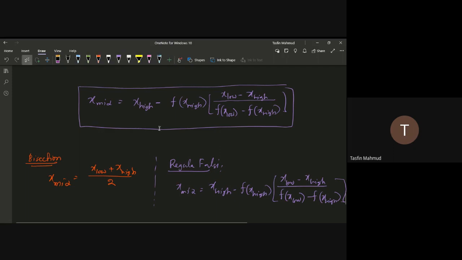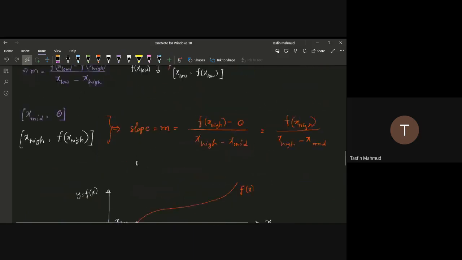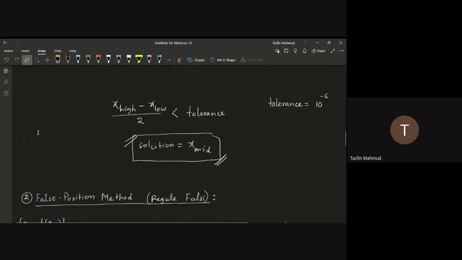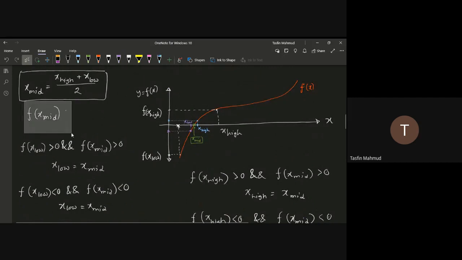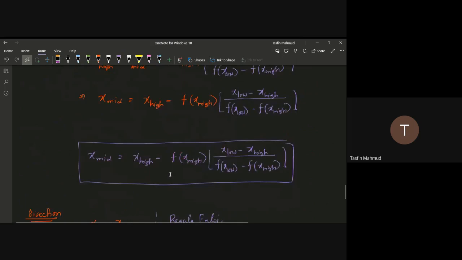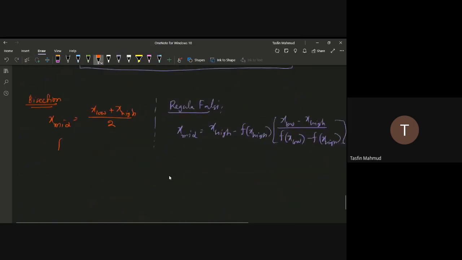Okay, so after calculating the x mid, we will do these checks once again, right? We will calculate the function value, f of x mid, and then we will check whether the sign of f of x mid matches with f of x low or f of x high, right?